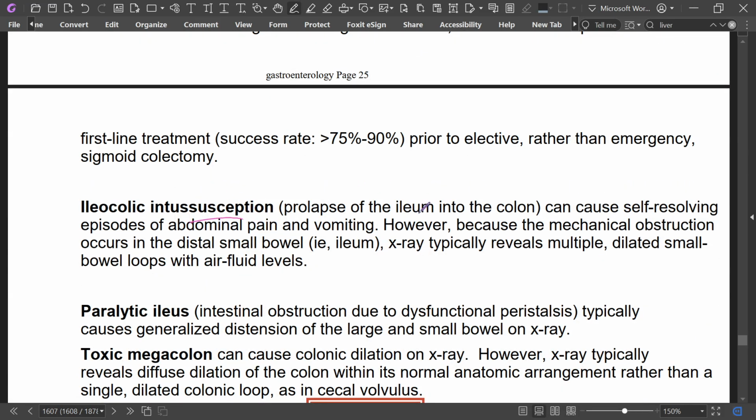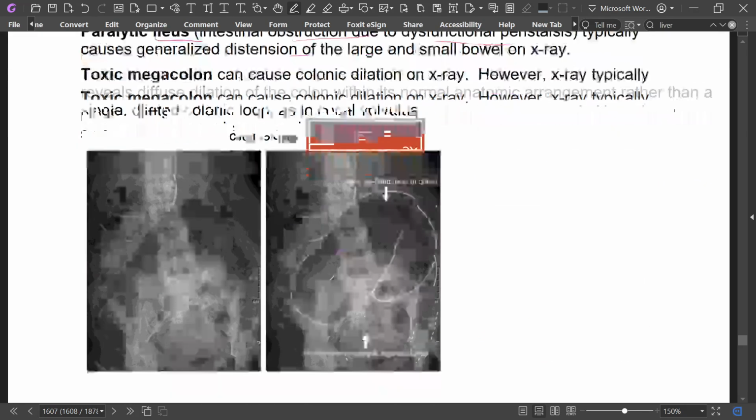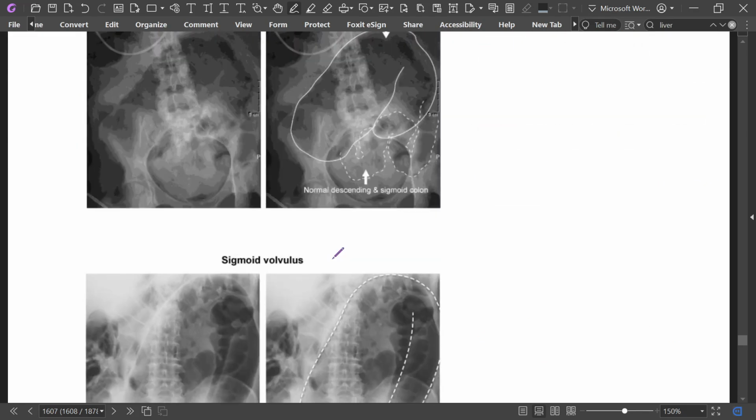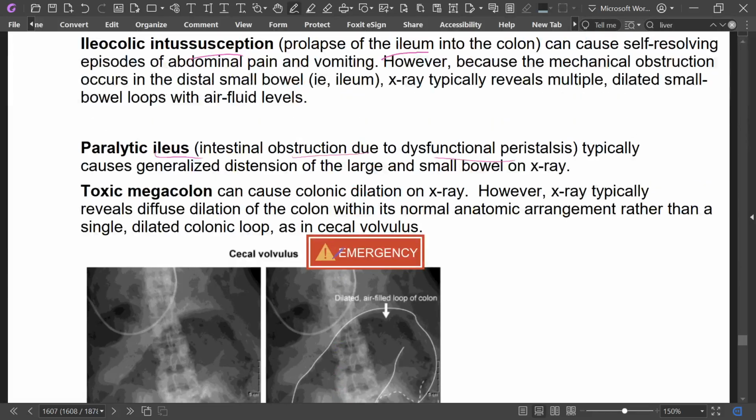Ileocolic intussusception is prolapse of the ileum into the colon, causing self-resolving abdominal pain and vomiting. In paralytic ileus, there is intestinal obstruction due to dysfunctional peristalsis. This is toxic megacolon, which causes colonic dilatation on X-ray.